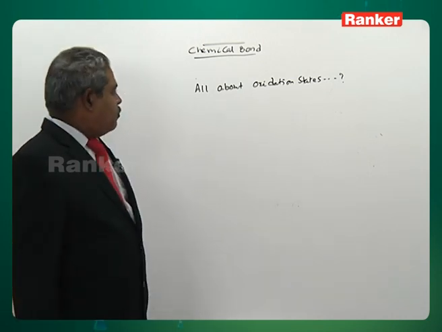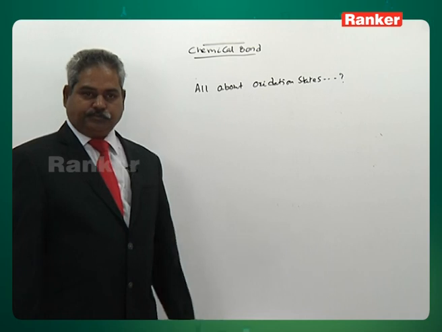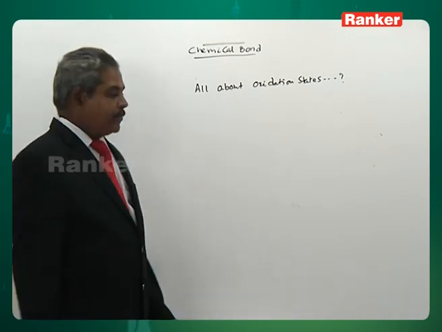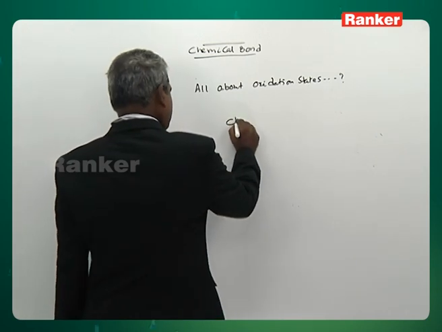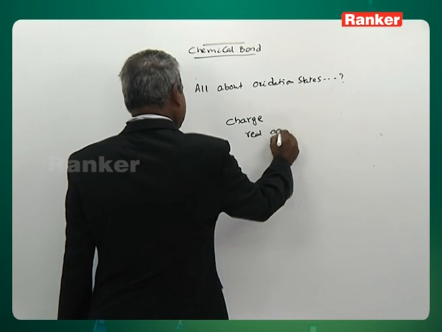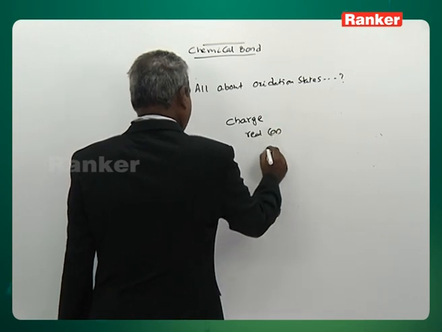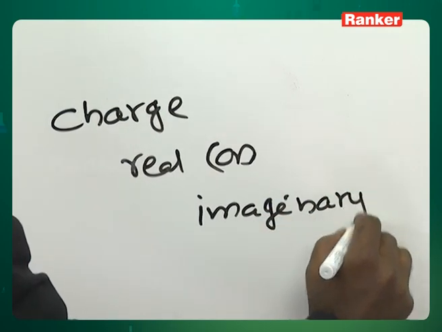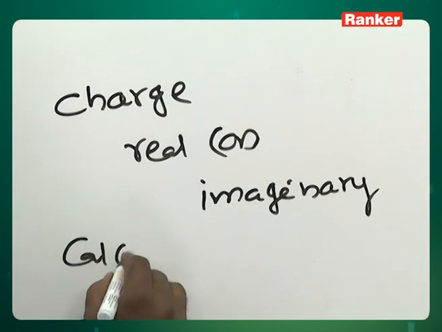Now, what is this oxidation state at all? This oxidation state is the charge, real or imaginary, sometimes real, sometimes imaginary. How is it calculated?